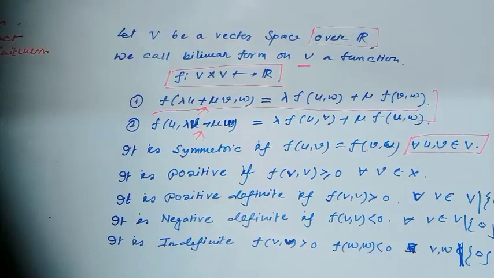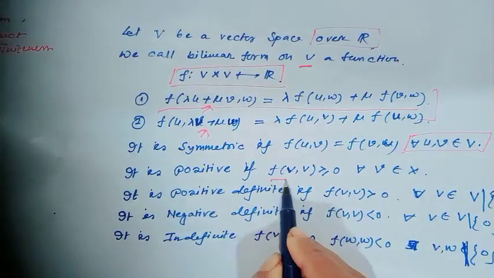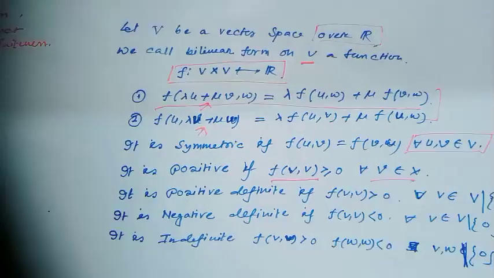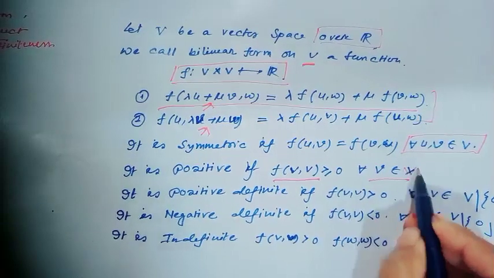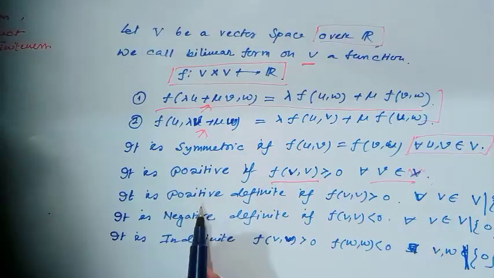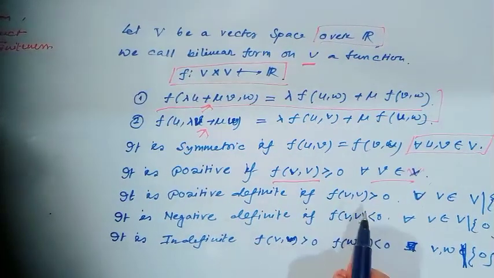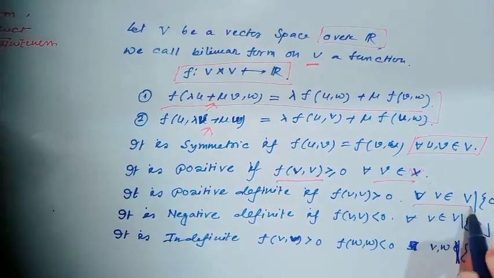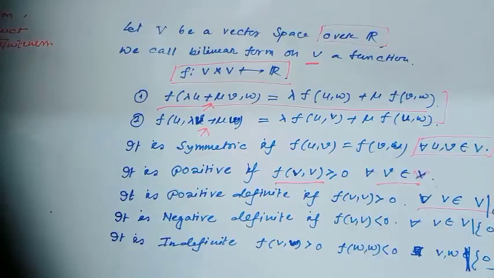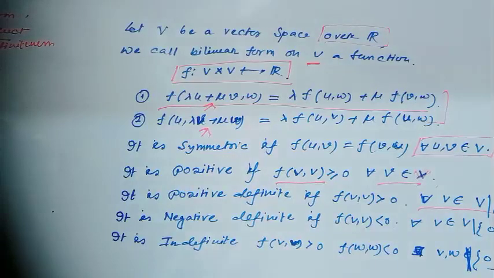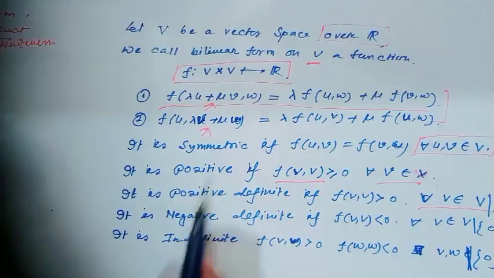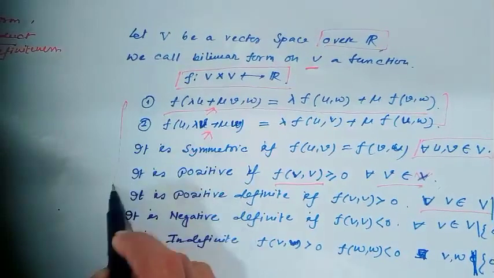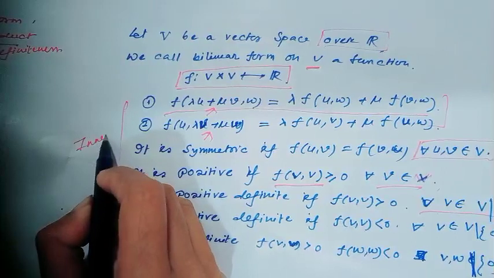A bilinear form is positive if f of v comma v is greater than or equal to 0 for all v belonging to the vector space V. And a bilinear form is positive definite if f of v comma v is strictly greater than 0 for all non-zero vectors v. And a symmetric positive definite bilinear form is always an inner product. We all know this.